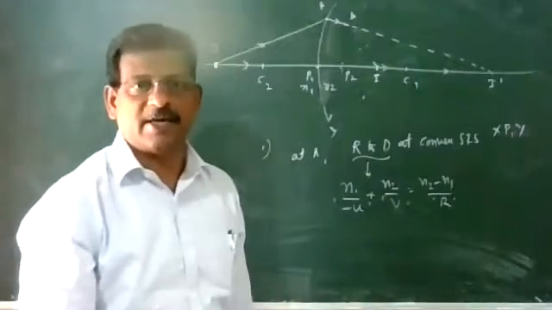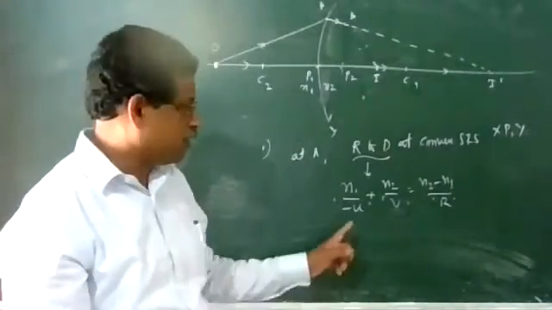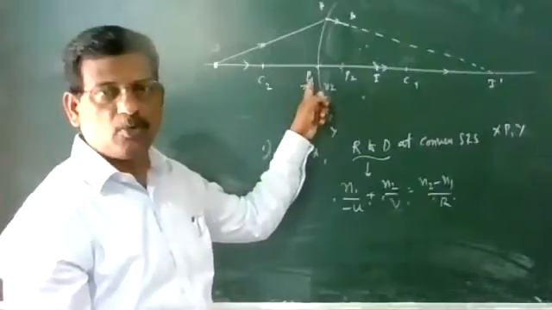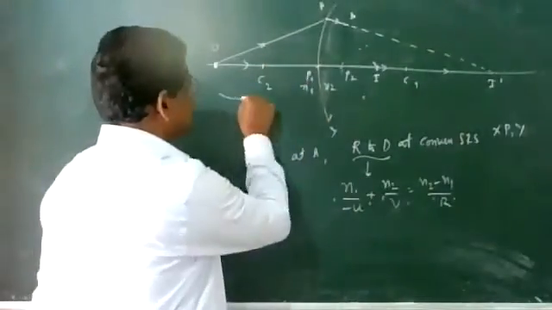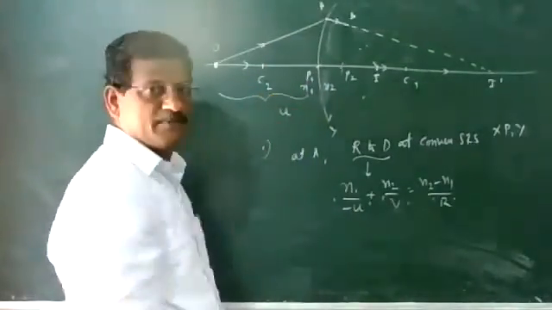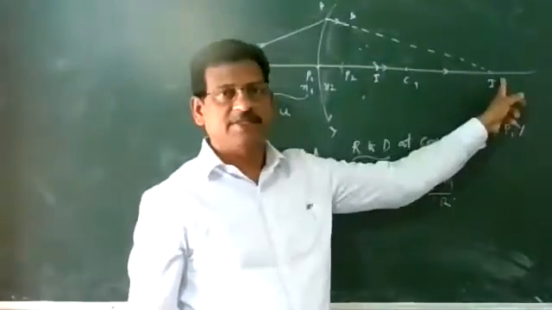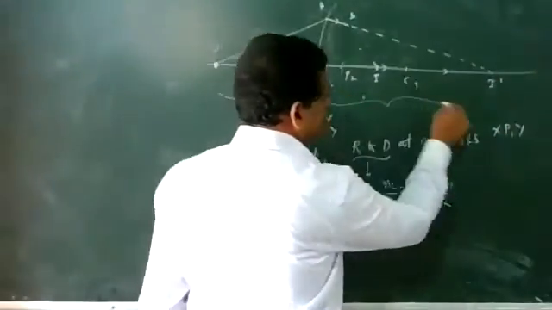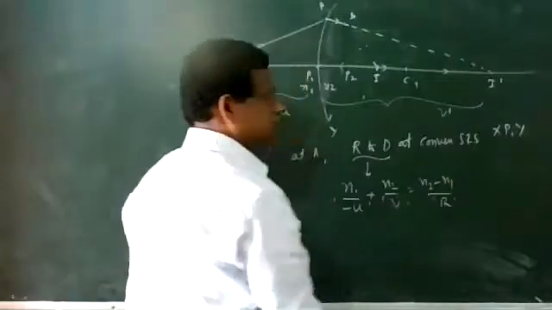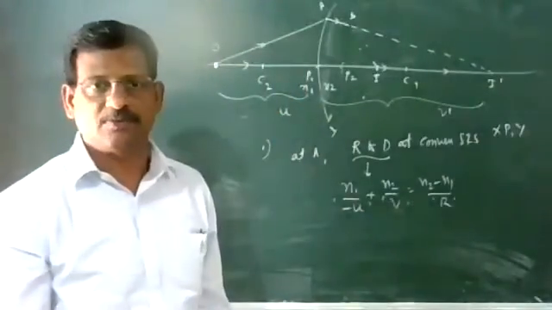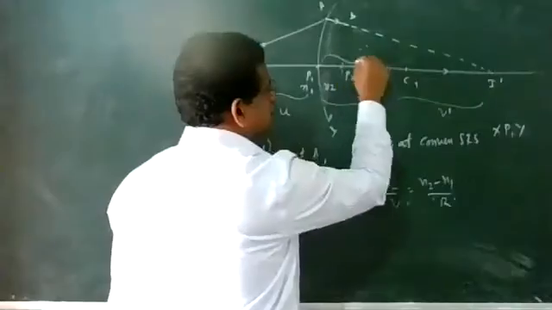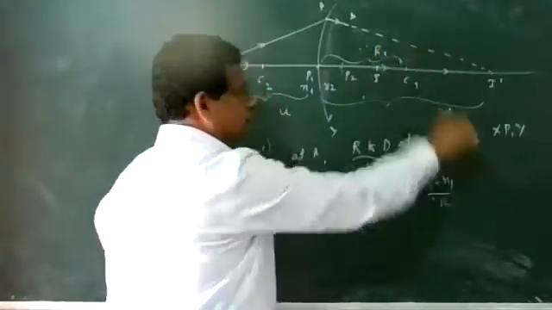This will be your second diagram for writing this equation. What is here U? U stands for the distance of the object from the pole P1. That is U itself. But I dash is its image, and that is measured from P1, which I am marking as B dash. That is not the final image, B dash. And R stands for the first surface, that is the radius of curvature R1.